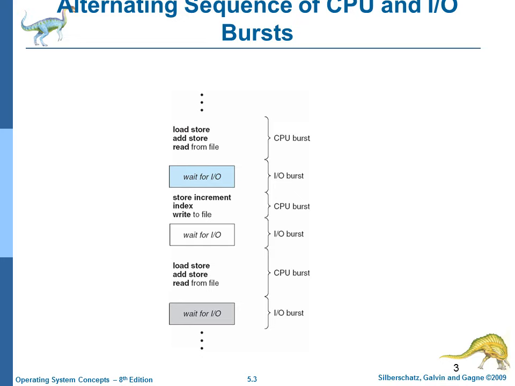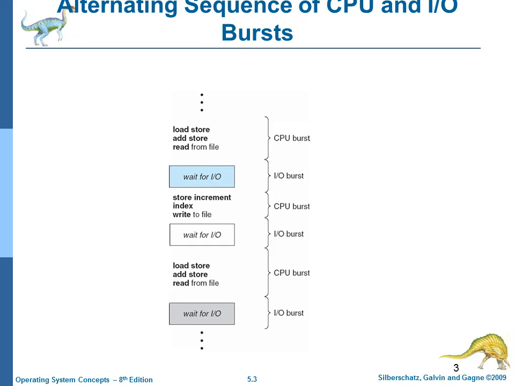Almost all processes alternate between two states in a continuing cycle, as shown in this figure. Actually, it alternates between a CPU burst, which is performing some calculations, and an input-output burst, waiting for data transfer in or out of the system.